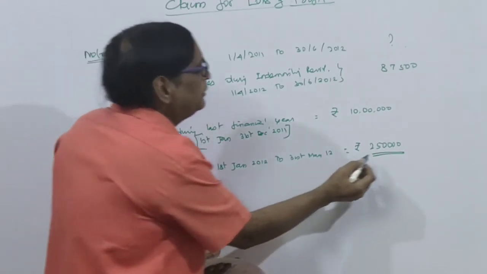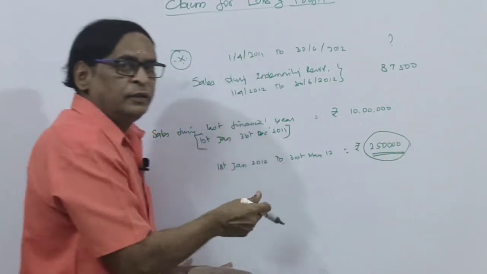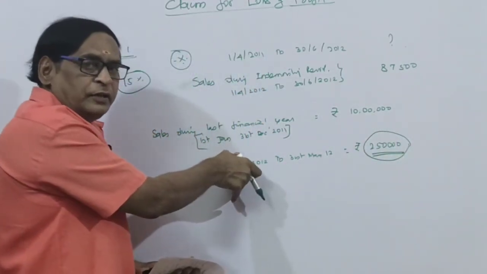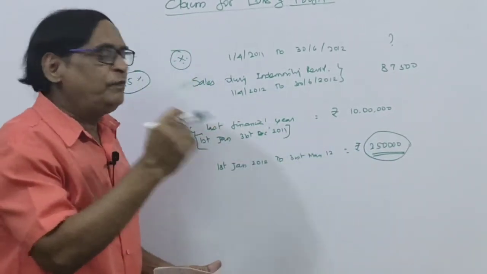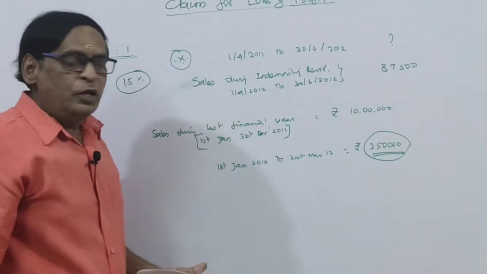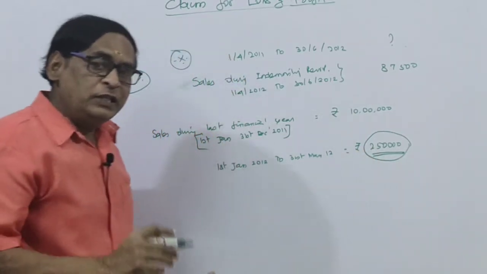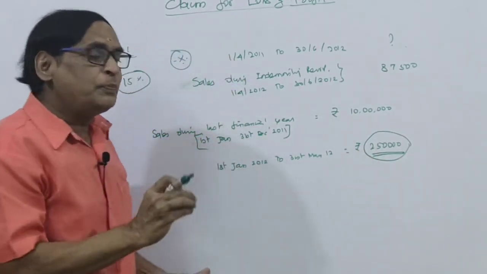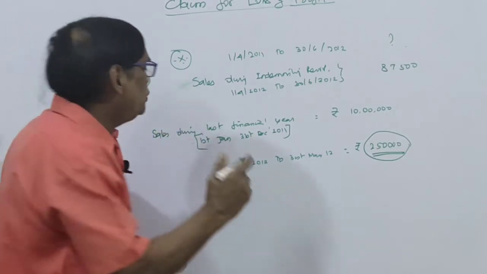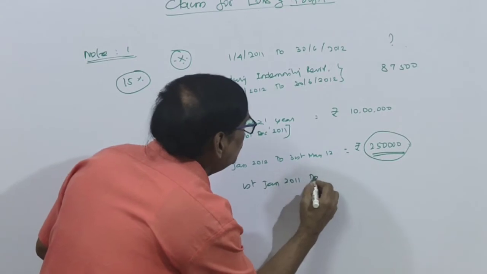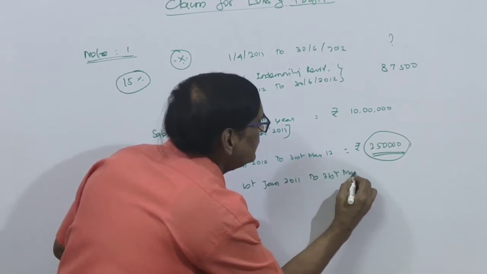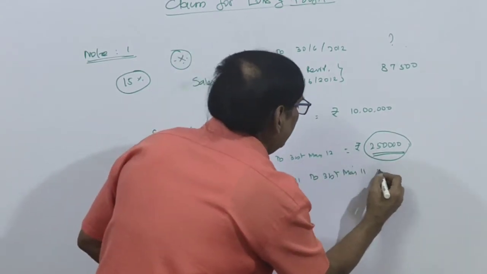That means for the 3 months of this year, I mean 2,50,000, it is supposed to be 115% of sales. So if you find out this formula, you can easily find out the sales pertaining to the period 1st January 2011 to 31st March 2011.